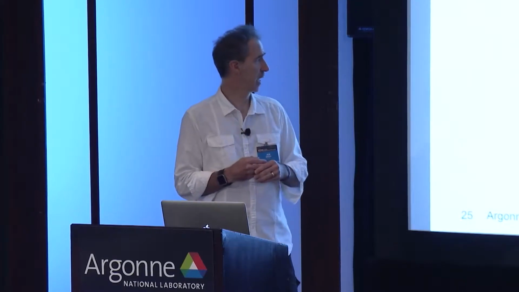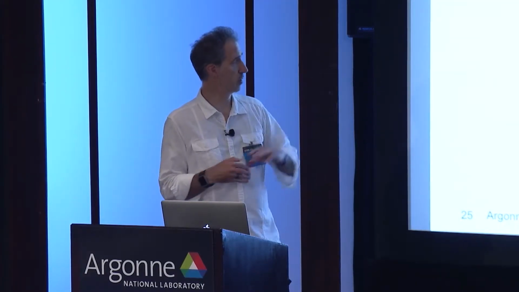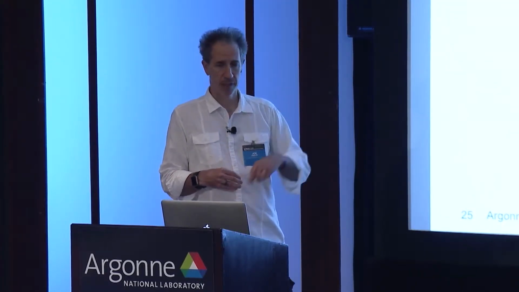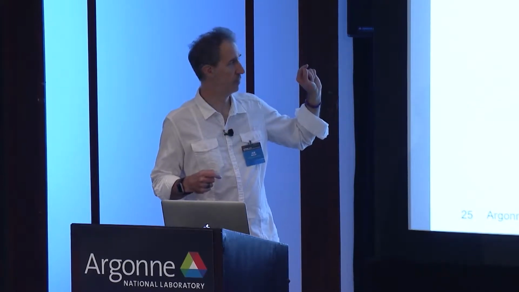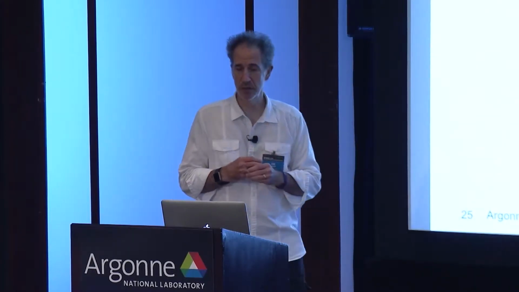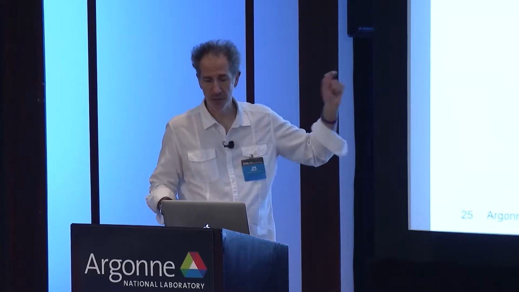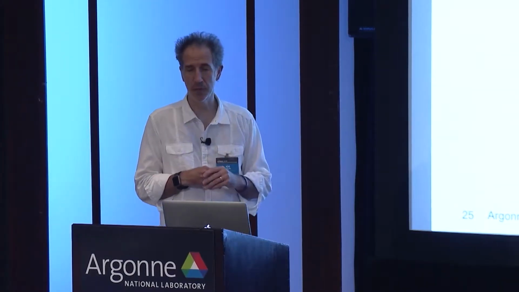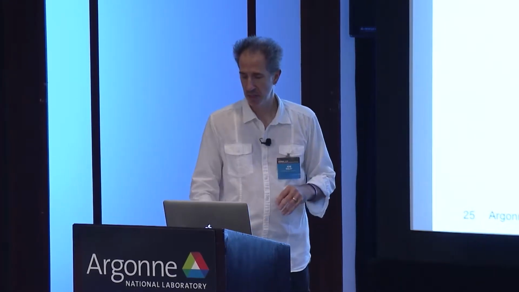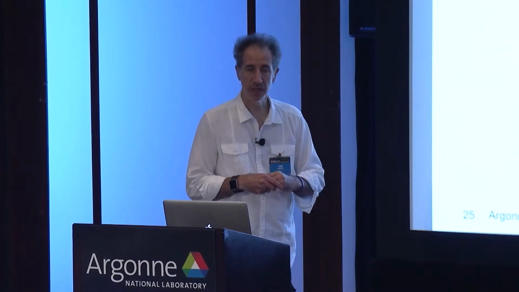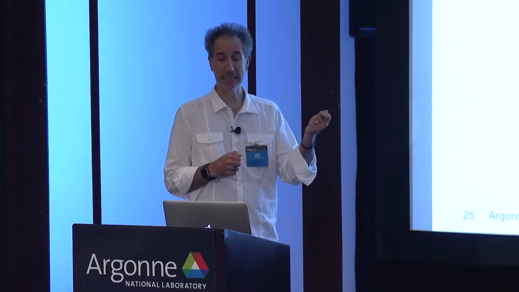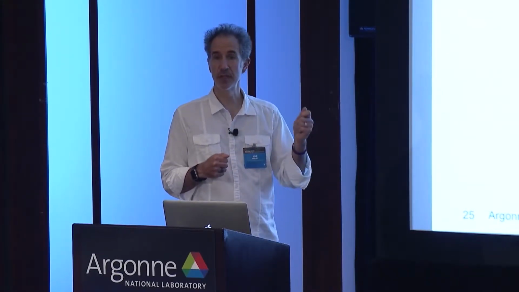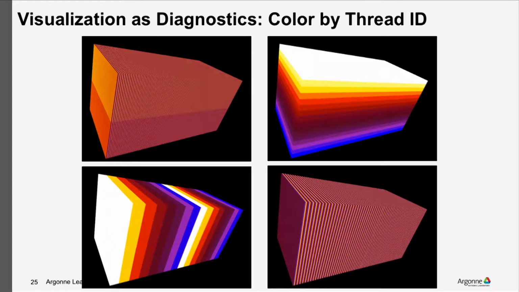To get a better understanding of what was actually happening in the code, normally the code looks up, for each particle in the volume, its value in the data set and then colors it according to the value in the data. But instead, we colored it by the thread ID of the thread that was working on that part of the data.